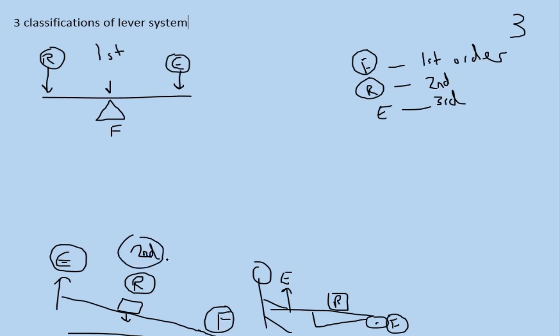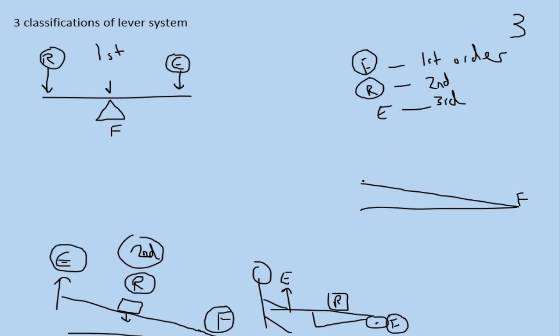Hopefully you're getting that. Now, for a third order lever, the effort is in the middle. So let's just have a look at something like this. Something similar, that there's a fulcrum.